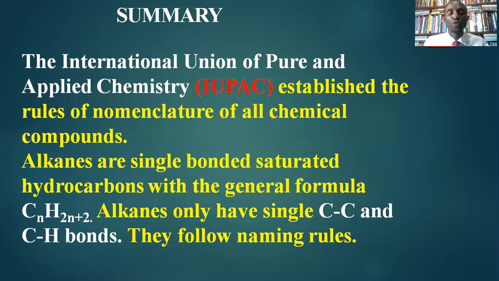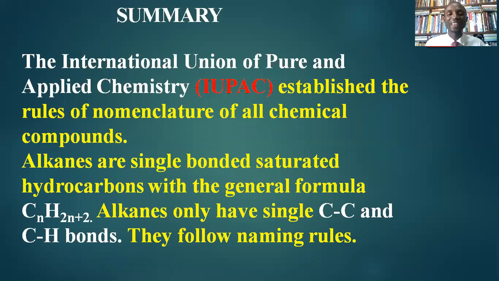What have we done so far? We have been able to say that IUPAC means International Union of Pure and Applied Chemistry. This particular union established the rules of nomenclature of all chemical compounds.